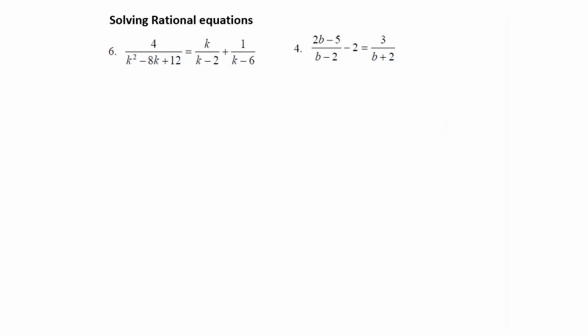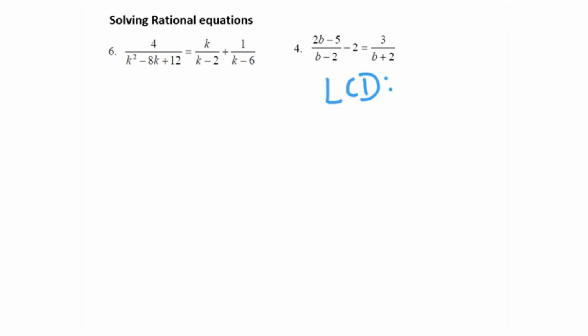Let's do another example, for number 4. Same thing as number 6. You need to factor the denominator. But for this question, it's already factored. In other words, nothing to be factored. Therefore, we will find the LCD.